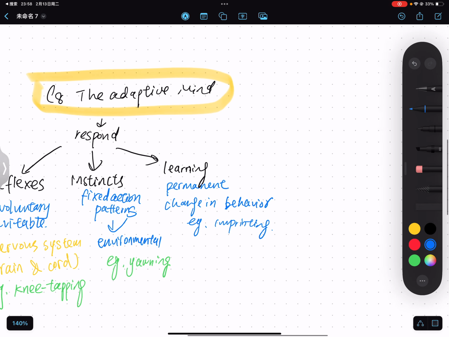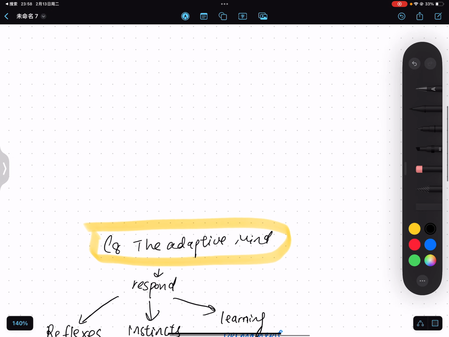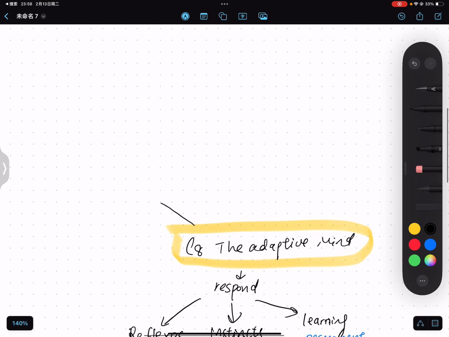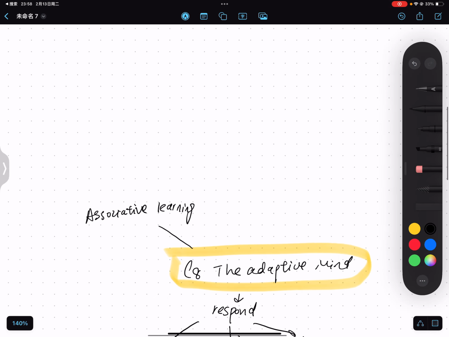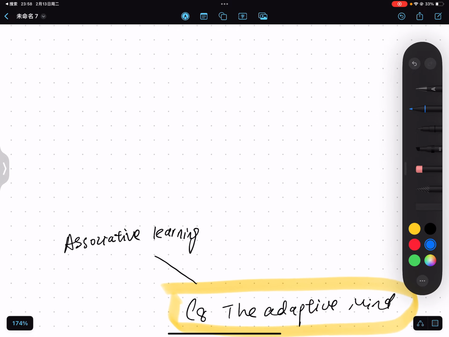Okay, so what are our three main ways of learning? First, I want to talk about associative learning. Associative learning occurs when we form associations and connections.